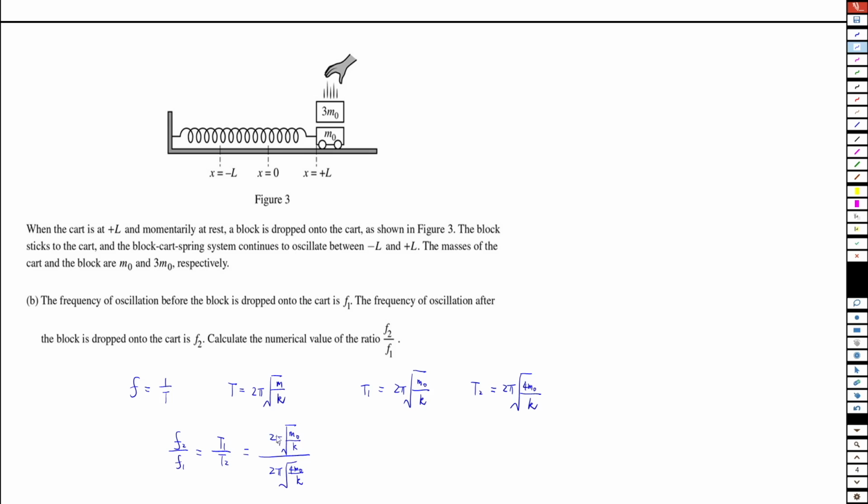You can first cancel the 2 pi, and you can also cancel the m naught and k. So we have a square root; if you divide the bottom by square root of m naught over k, the top would be 1, and the bottom is square root of 4, which is 2. So 1 over 2 is the numerical value for the ratio f2 over f1.